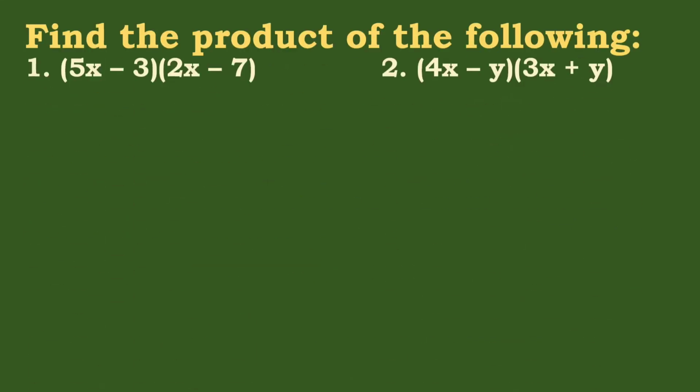Okay, so let us find the product of the following examples. Number 1, 5x minus 3 and 2x minus 7. Okay, so FOIL method. The product of the first terms, 5x and 2x, is 10x squared.